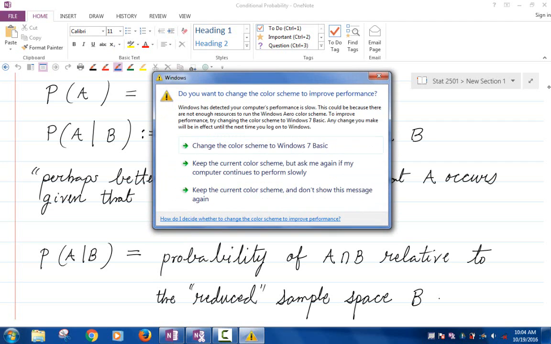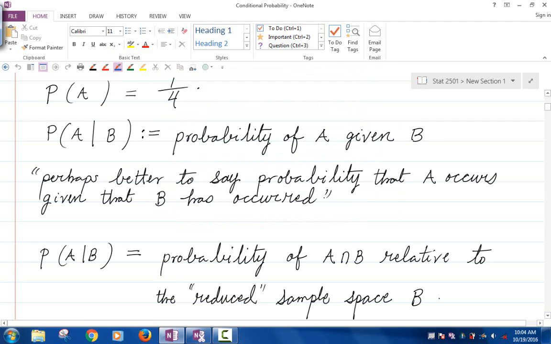Well, if you think about it, that's the same as asking what's the probability of A intersect B relative to the sample space B. In the conditional probability here, I'm going to refer to B as a condition. So it's the probability of A conditioned on B.